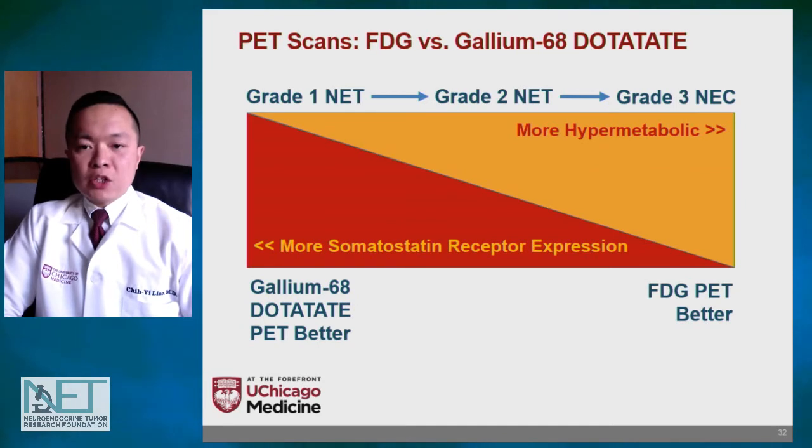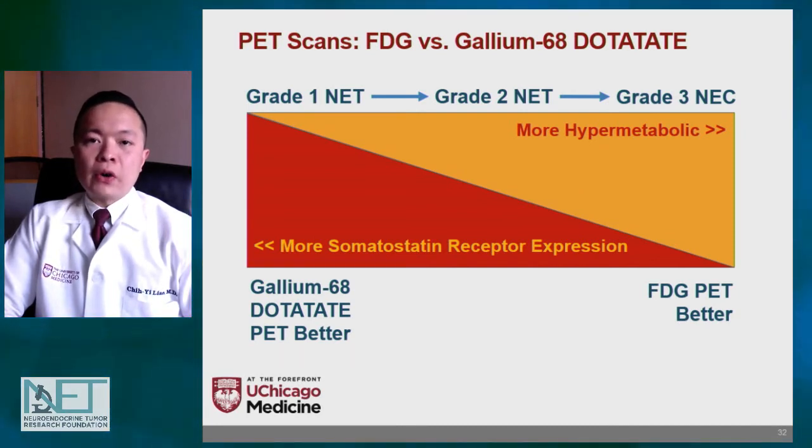There is a spectrum and a continuum, as you can see here, moving from grade 1 neuroendocrine tumors to grade 2 to grade 3 neuroendocrine carcinomas. In general, the grade 1 neuroendocrine tumors tend to express somatostatin receptors, and they tend not to be very hypermetabolic. As you move towards the right of the spectrum, towards the grade 3 neuroendocrine carcinomas, these tumors tend to be very hypermetabolic, but they tend not to express somatostatin receptors.